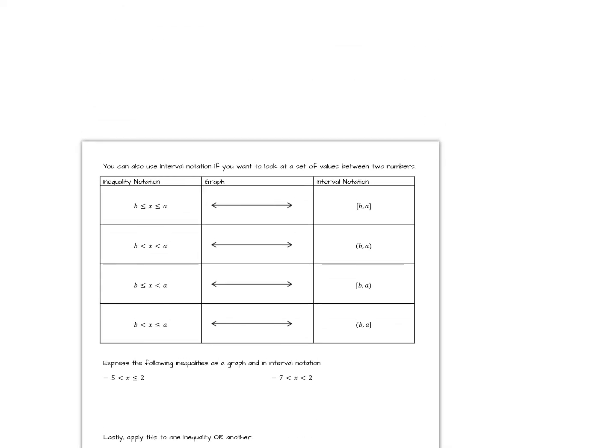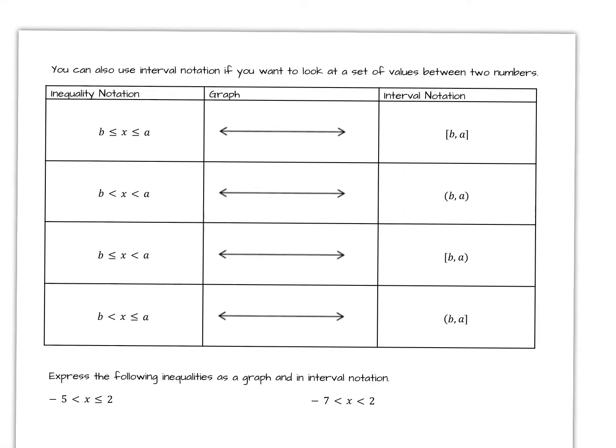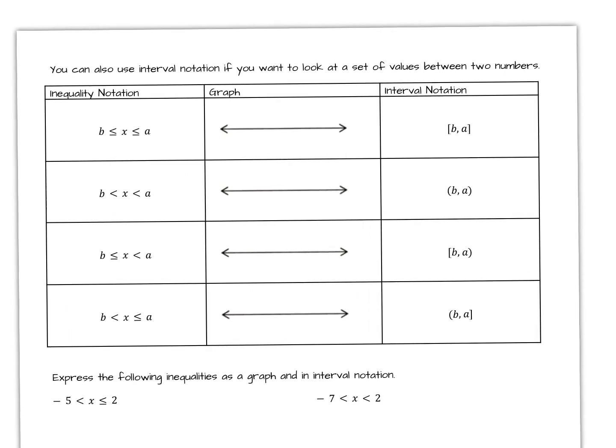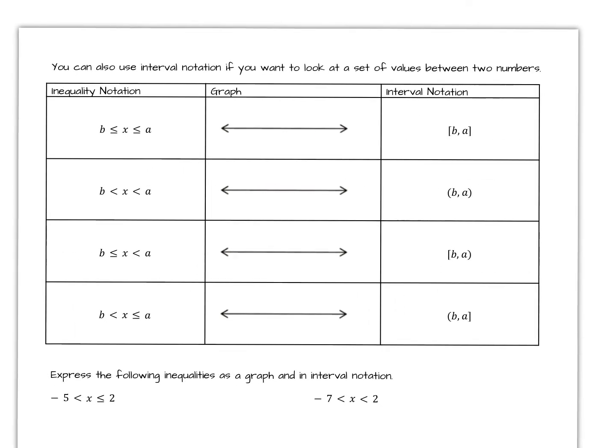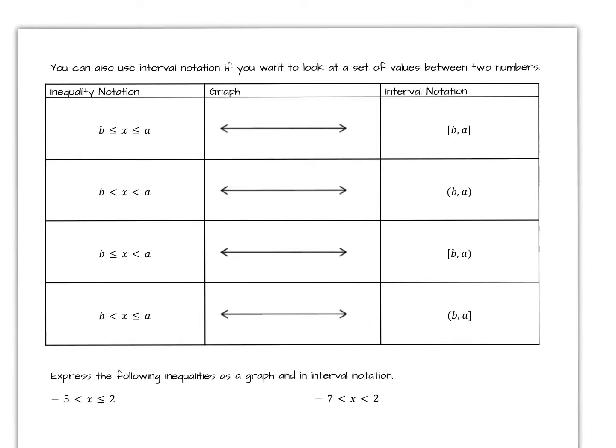We can also use interval notation if we're looking at a set of values between two numbers, and the inequalities do not need to match. There are 4 different inequality notations that we're going to look at. We have our variable x between two numbers b and a, where x is greater than or equal to b, but less than or equal to a.